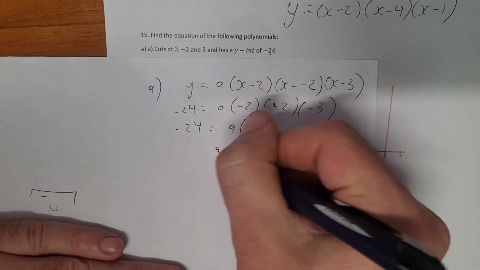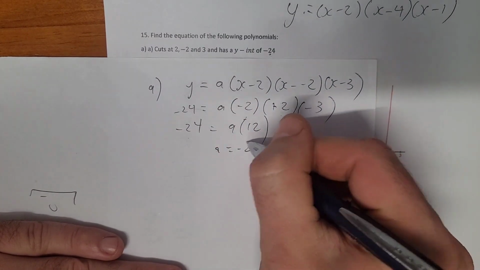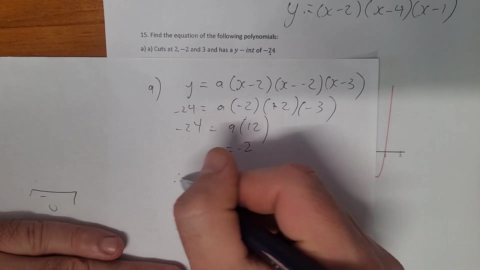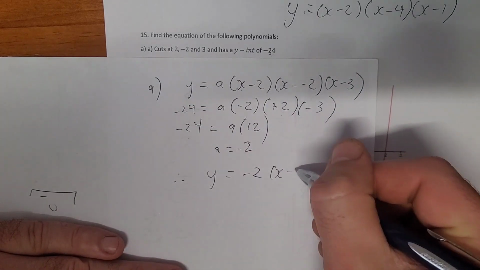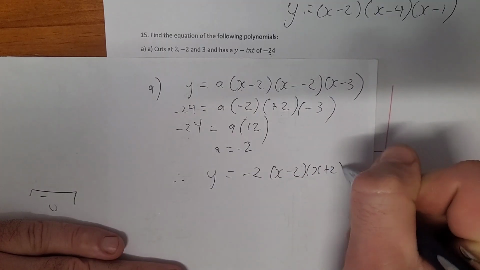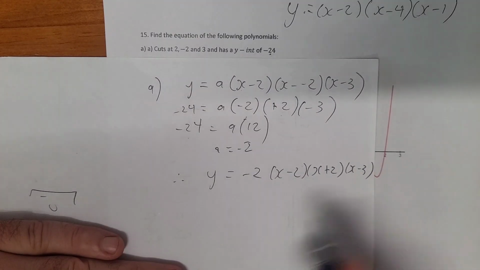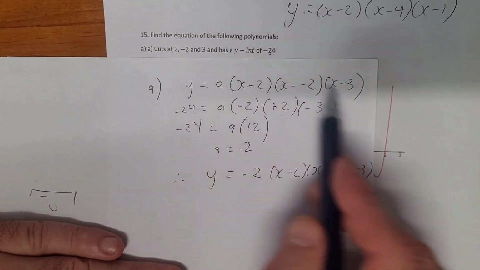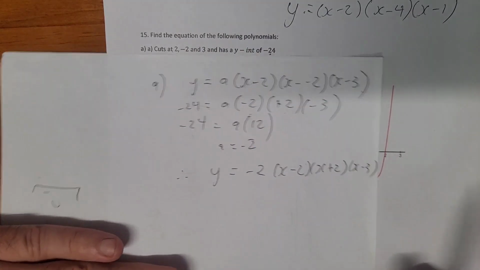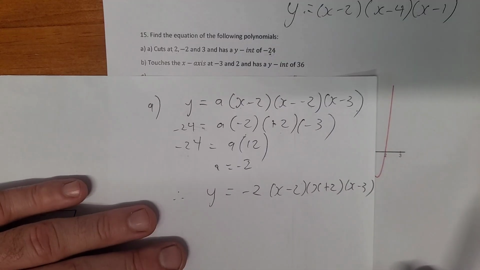And so this gives us the a value as minus 2. So the equation of this polynomial would be minus 2 multiplied by x take 2 times x plus 2 times x take 3. Those are the roots, 2, negative 2, and 3, and we plugged the y-intercept in and solved accordingly.